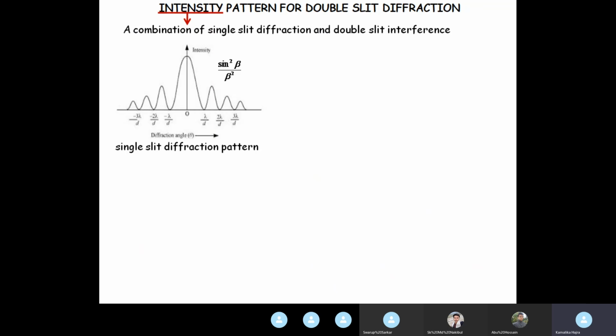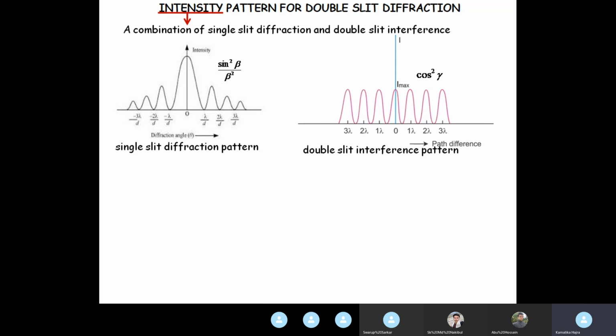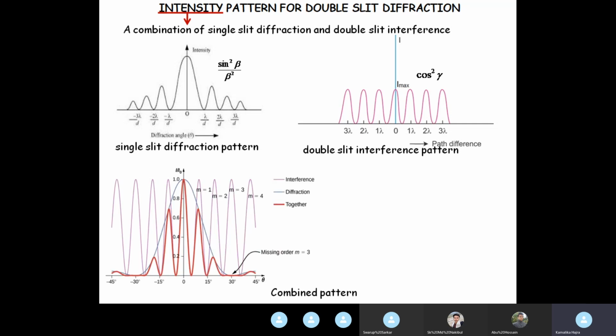So let us first recap the intensity due to single slit diffraction and double slit interference. So this is the single slit diffraction pattern, sine square beta by beta square, as we discussed in our last class. And this is the double slit interference pattern, cos square gamma. In this case now, there will be a combination of these two which will produce the resultant intensity pattern on the screen. And the combination looks like this.